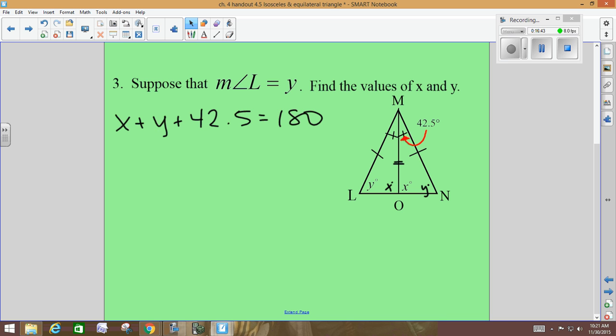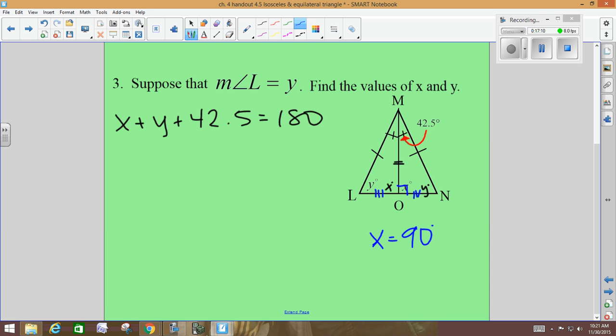The vertex angle, angle M, see the big triangle, LMN, it's isosceles. It has 2 congruent sides. So the vertex angle is being bisected, and that theorem on the top of the previous page says that if the vertex angle is being bisected, then this guy, MO, is the perpendicular bisector of the base. So I would know that. So then x would have to be 90. Good. That's using today's theorem.